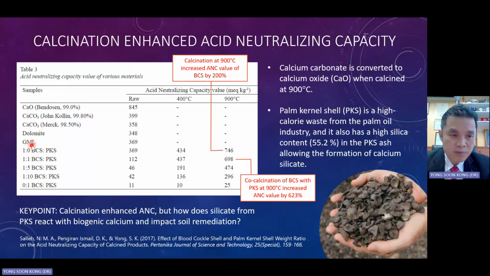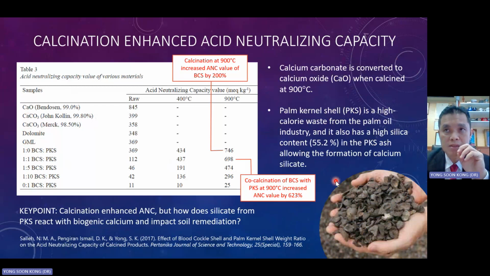The materials that I have used are blood cockle shell, at 1.0 completely pure blood cockle shell, and a mixture with palm kernel shell. For your information, for those who have no idea what that is, that is the shell of the fruit, the seeds of the fruit, which had no commercial value before.